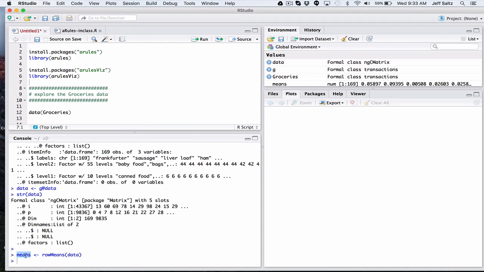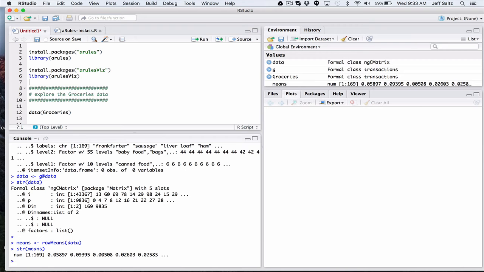When we generate means, what does that variable mean? Well, let's take a look. Structure of means. So we have, for each possible item, the percentage of time that it occurs in the cart. 5%, 9%, and 0.05%. So you can get an idea.